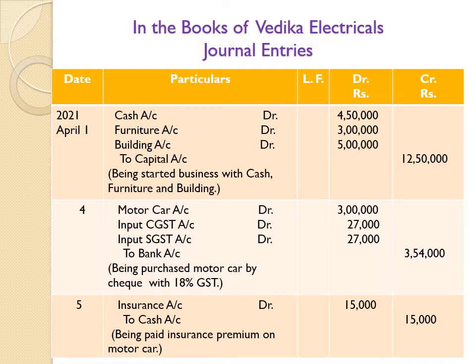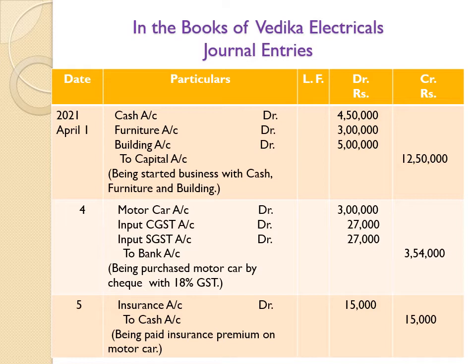So in that business, a motor car was purchased for rupees 3 lakh, but the business is required to pay GST and record GST. In the case of a purchase transaction, GST account is given debit, but it is necessary to mention the word input.